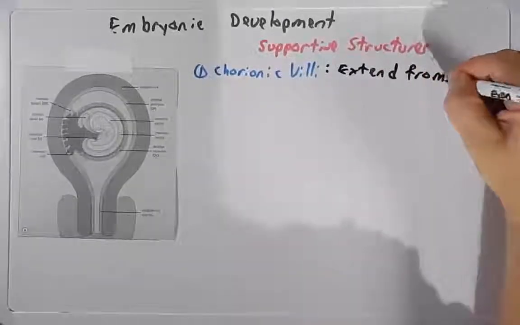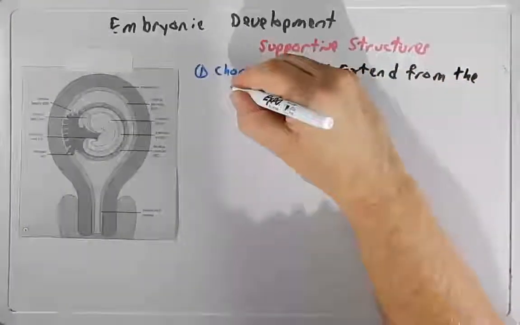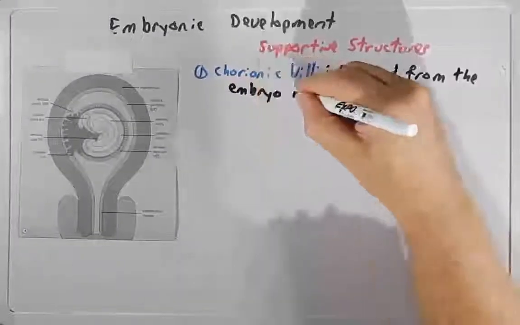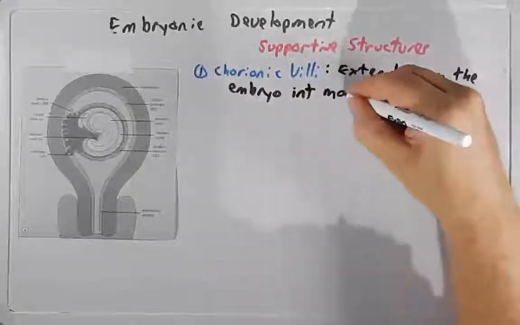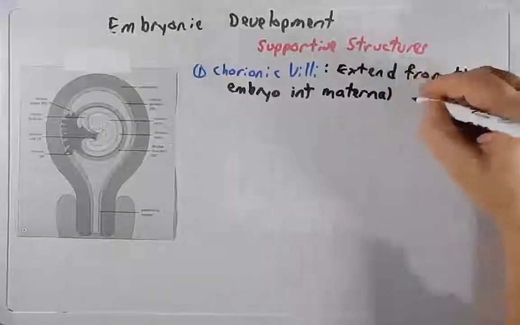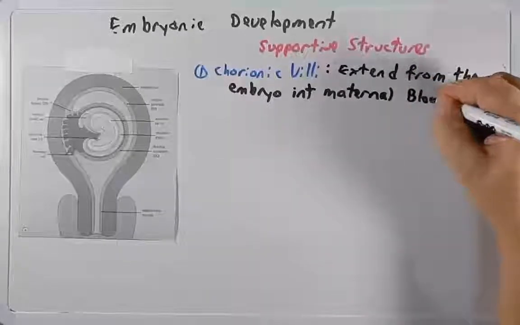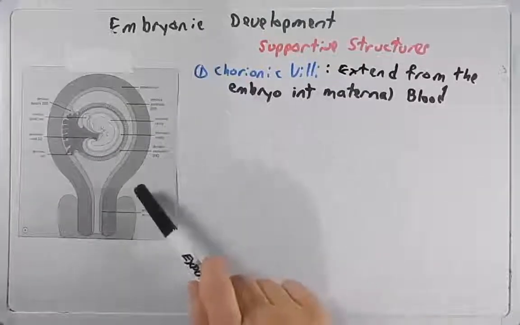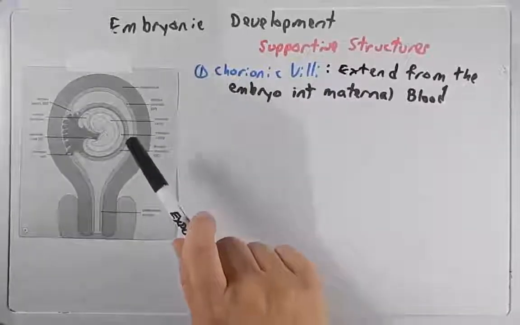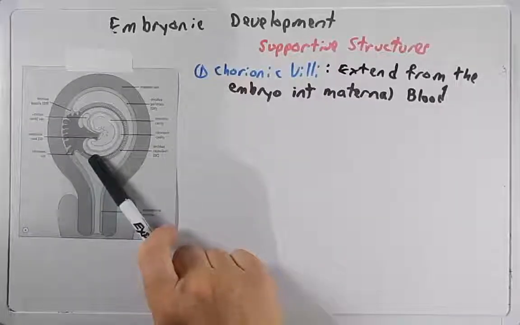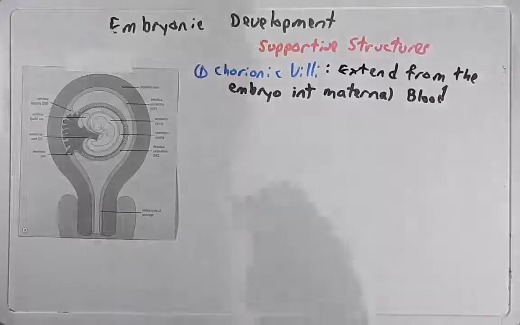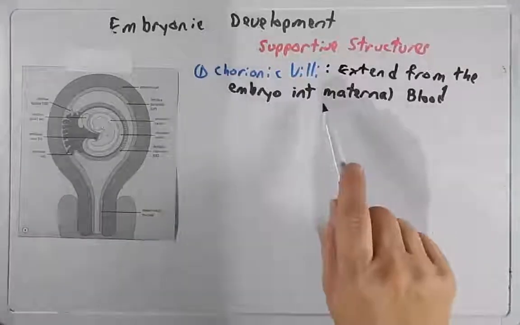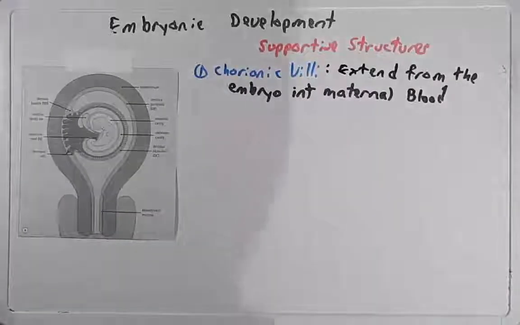The chorionic villi, these are structures that extend from the embryo into maternal blood. There isn't mixing of the blood between the developing embryo or fetus and mom, but the chorionic villi brings in some of the blood vessels from the embryo, and it is able to absorb nutrients from this pool of the maternal blood.